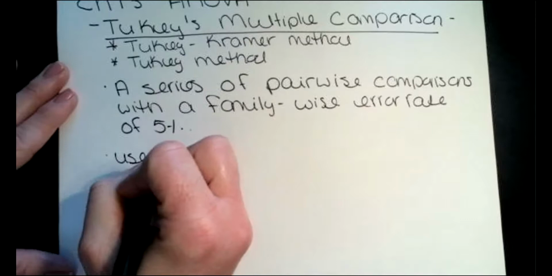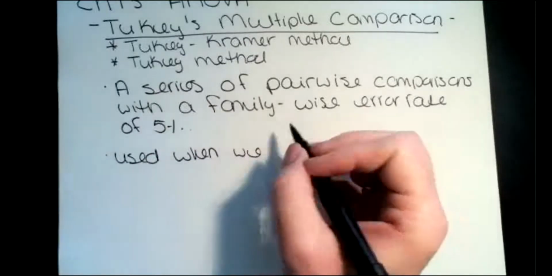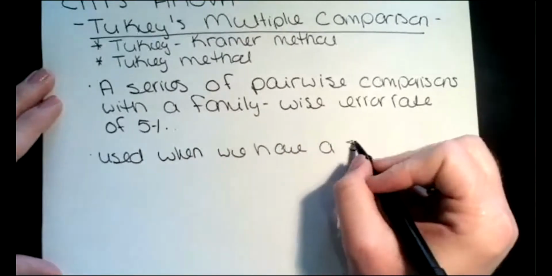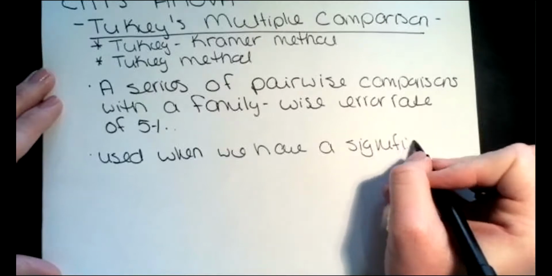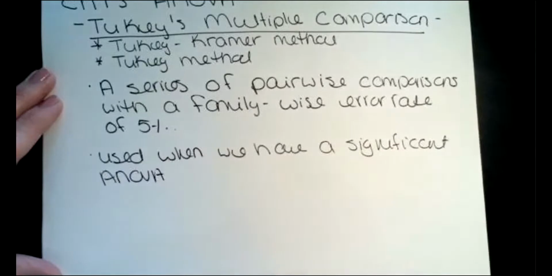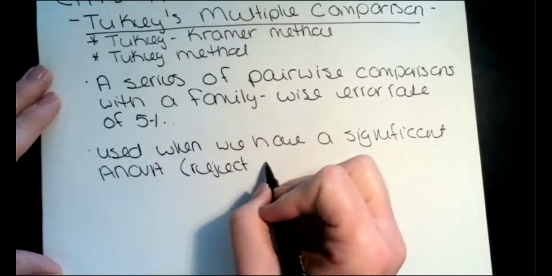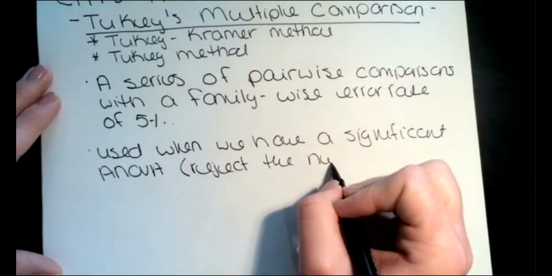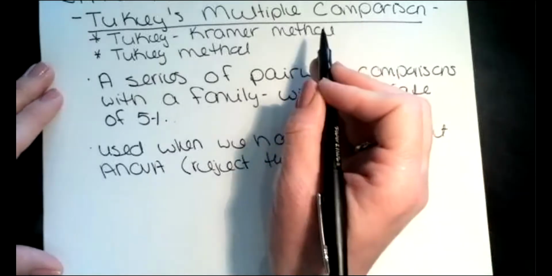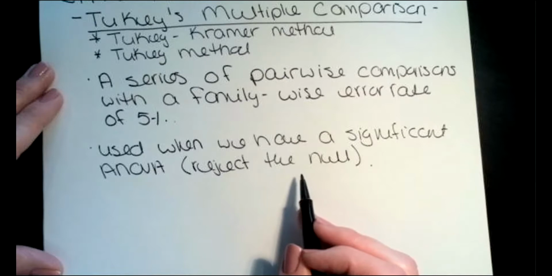So this method is only used when we have what we call a significant ANOVA. And what I mean by a significant ANOVA is that we rejected the null. So when I reject the null, I'm going to run this Tukey's. When I reject the null, that means that something is different.